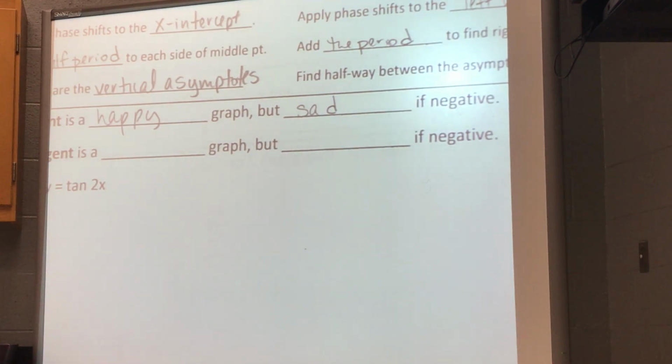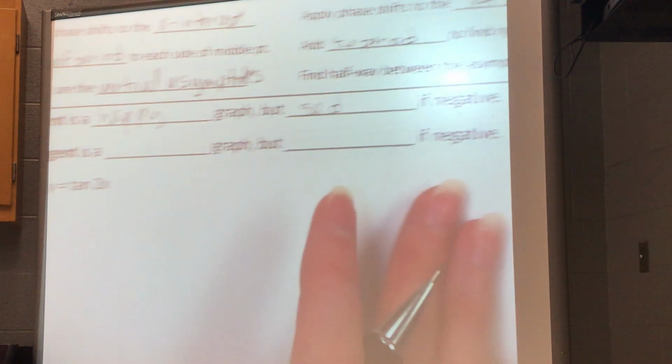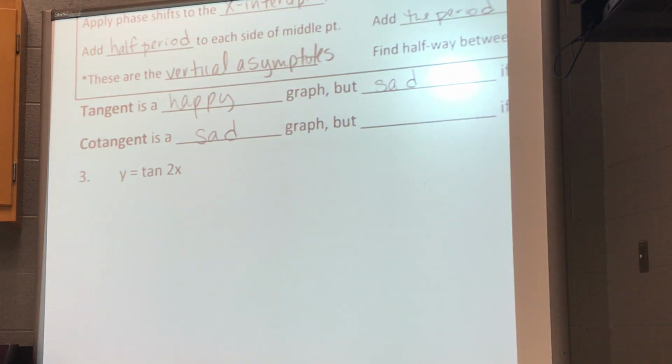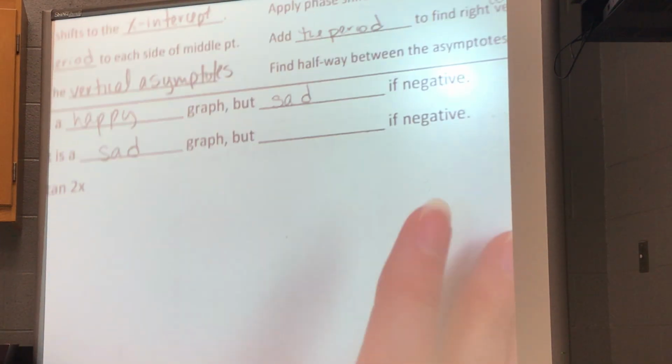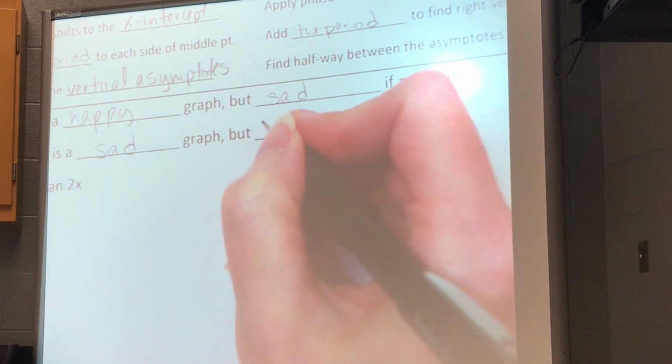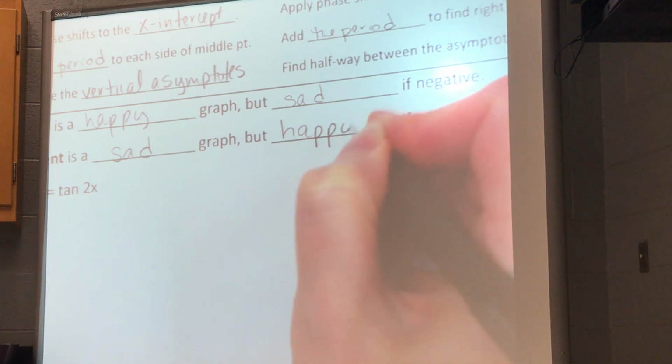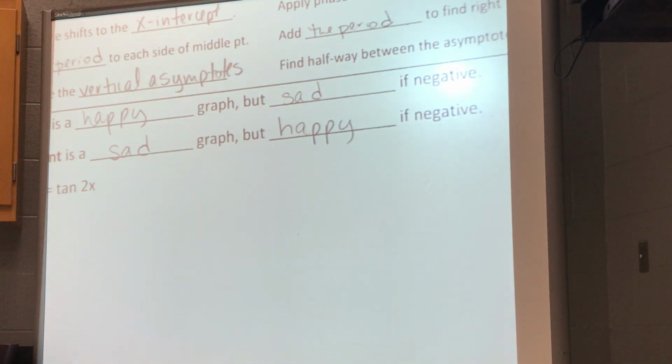A positive tangent is a happy graph. All right, for cotangent. Cotangent is a sad graph. So it's always negative slope, always going down. However, if something negative happens, cotangent is a happy graph. You guys know those people. Bad things happen, makes them happy. Live on drama. That's cotangent.